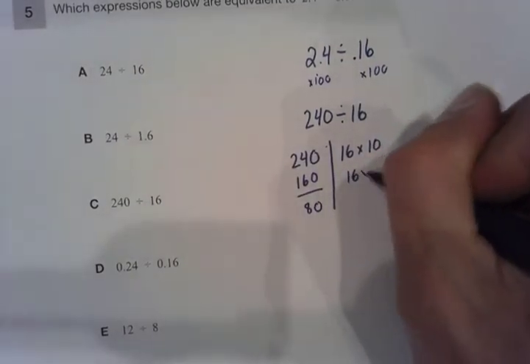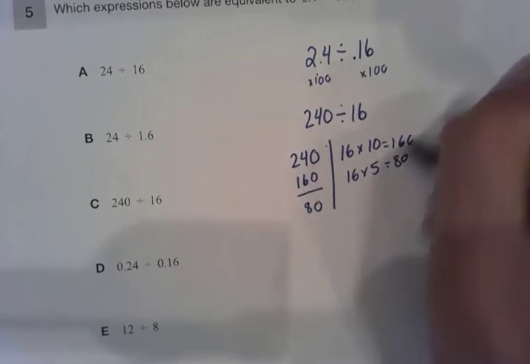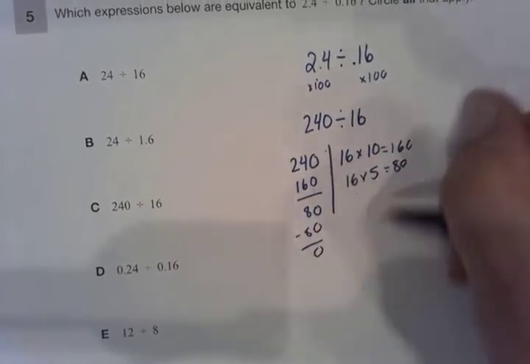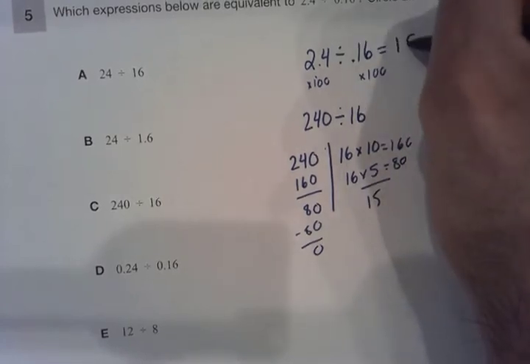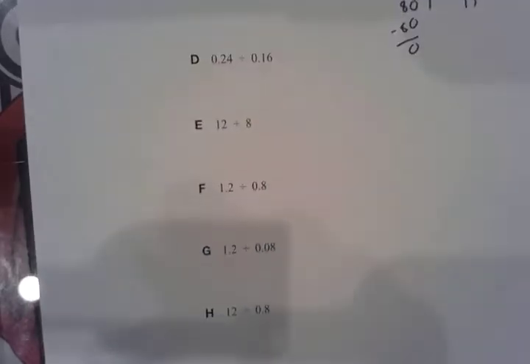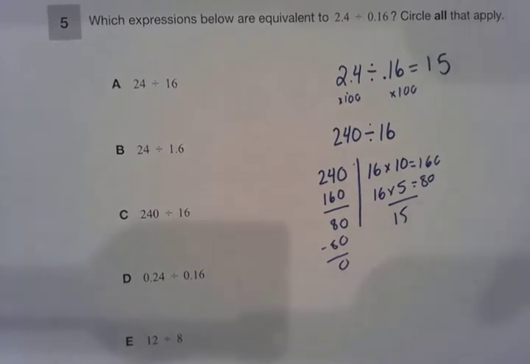Then 16 times 5, which equals 80. Add these up. So we know our answer is going to be 15. Now to figure out A through H, which one of those also equals 15 as well?